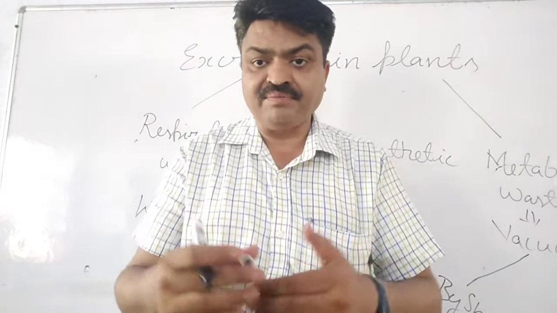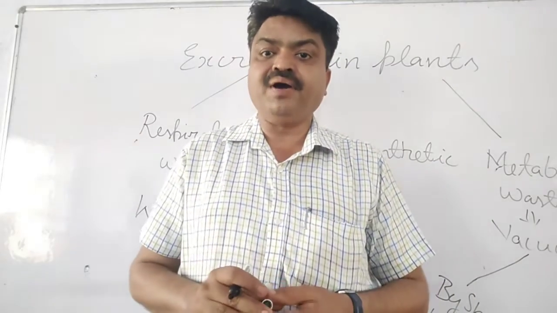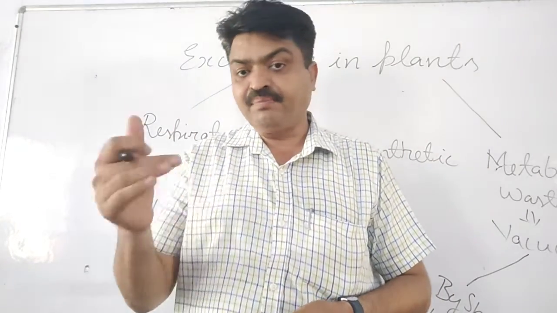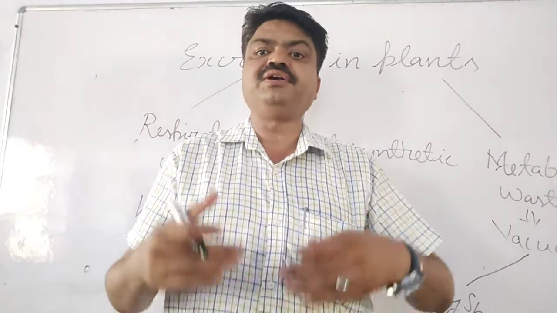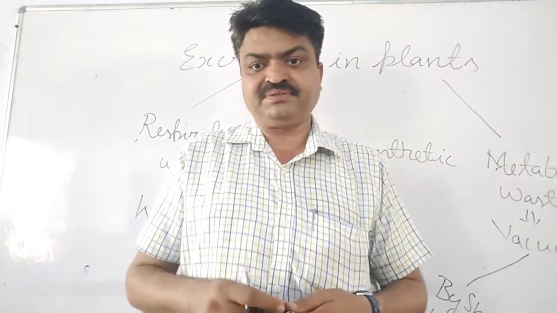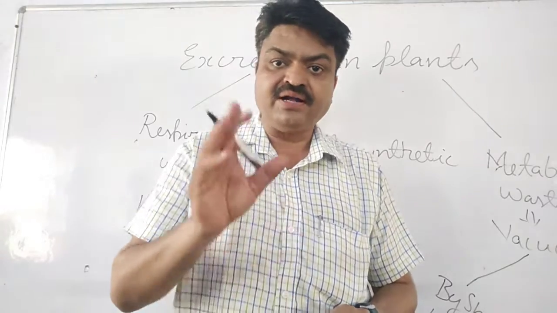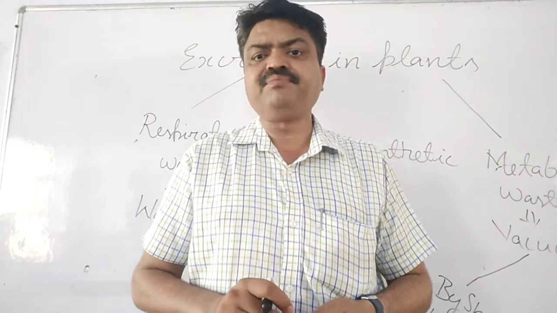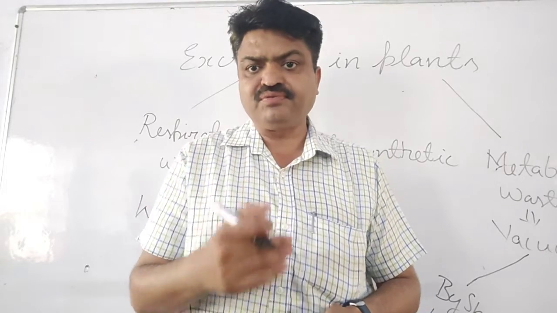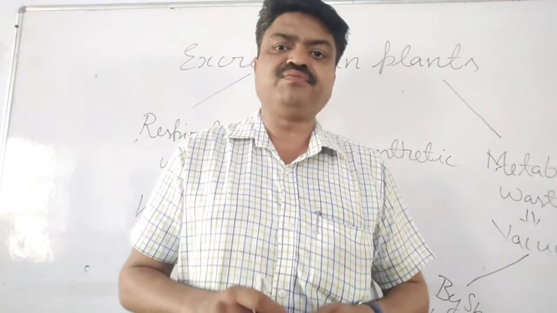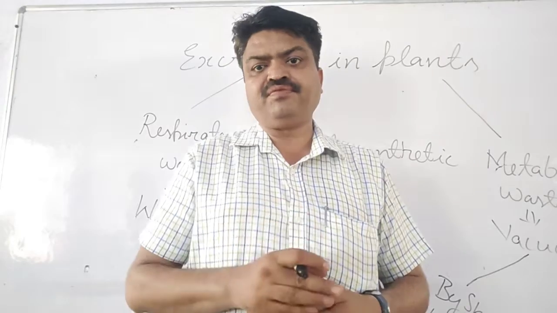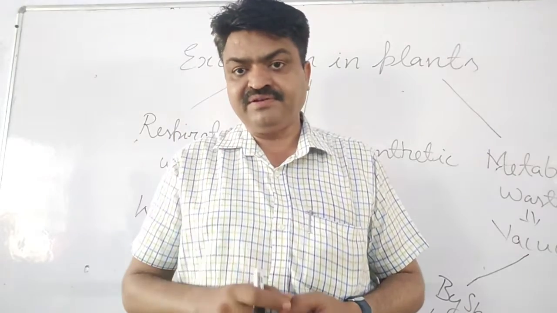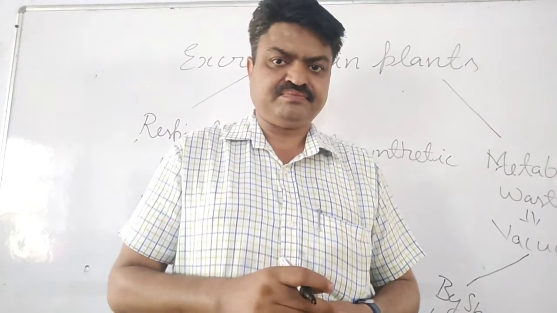around their stem in the form of bark, and that bark is used for different purposes by us, especially as medicines. With this, some trees also remove some secretion from their stem in the form of latex, resin, and gums.